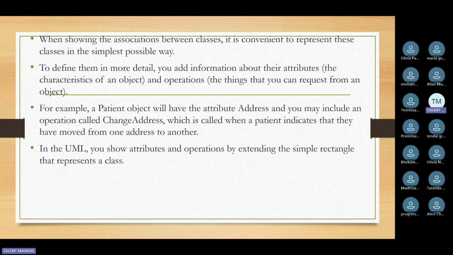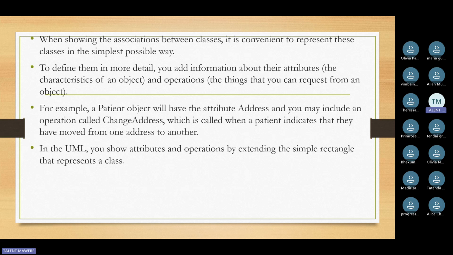Like the class patient, what attributes does it have? It has attributes like the name of the patient, their surname, their ID number, and so on. These are attributes or characteristics of an entity that you need to add. You also need to add the operations, the things you can request from an object.